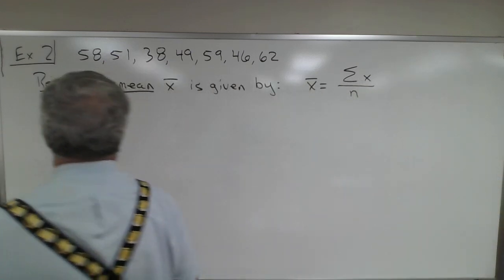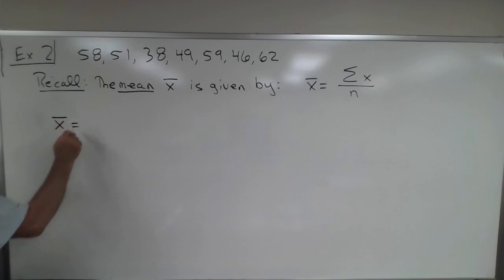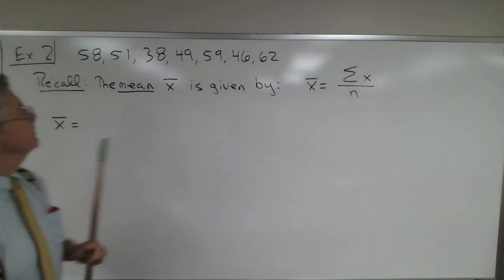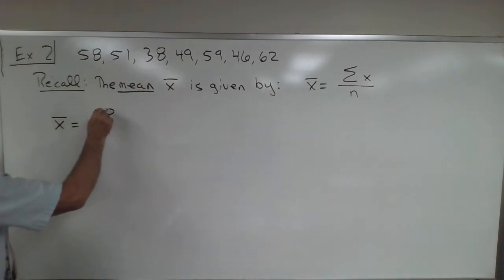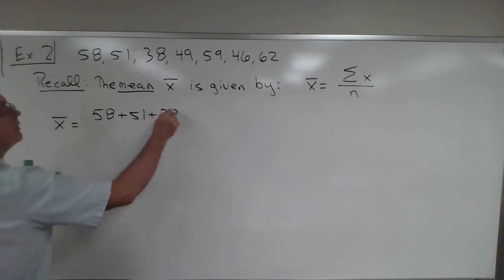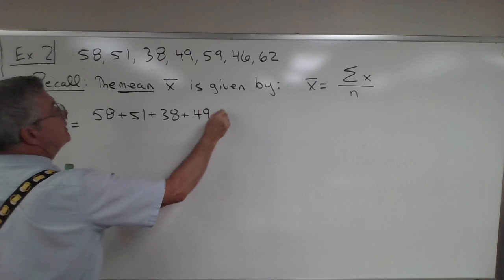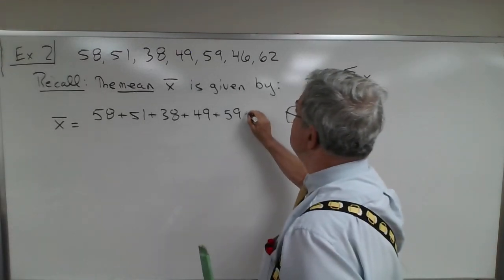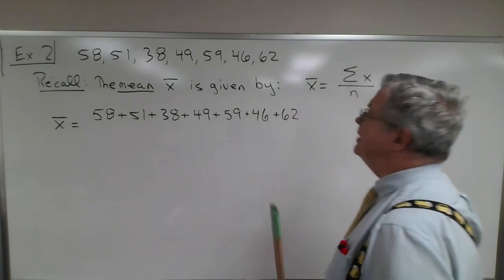Let's write these things down. X bar equals the sum of our data values, all of these things added up, 58 plus 51 plus 38 plus 49 plus 59 plus 46 plus 62.